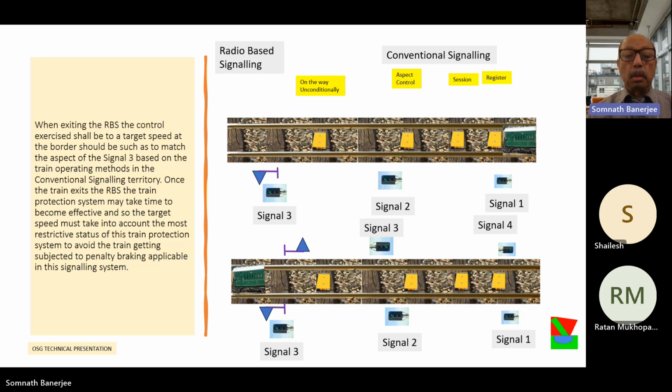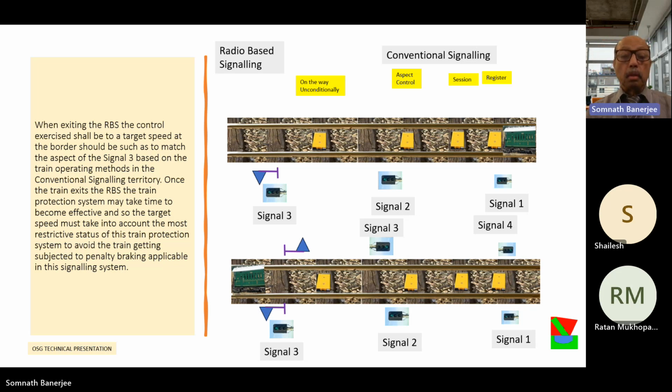So, when the train comes in from the radio based signaling territory, it is essential that the speed at which it is allowed to cross the border is sufficient to ensure that it does not go past signal 3 or signal 4 if it is not safe to do so. So the speed at the time it crosses should be sufficiently controlled to ensure this.